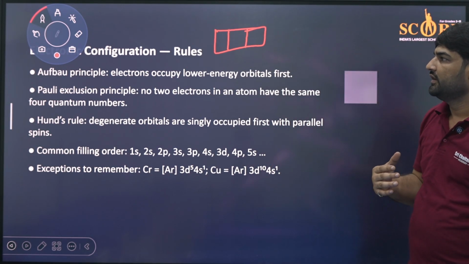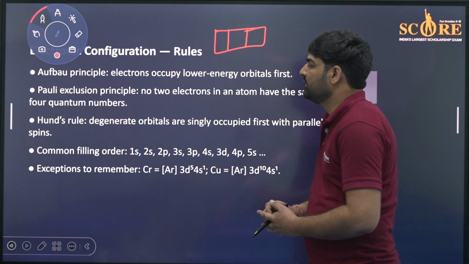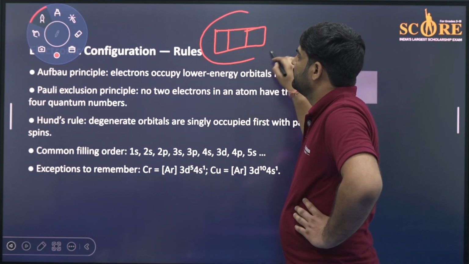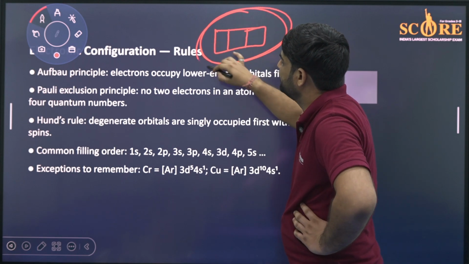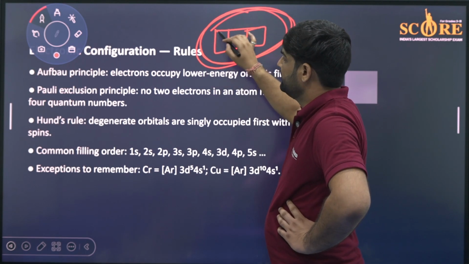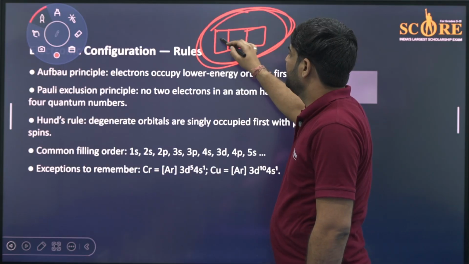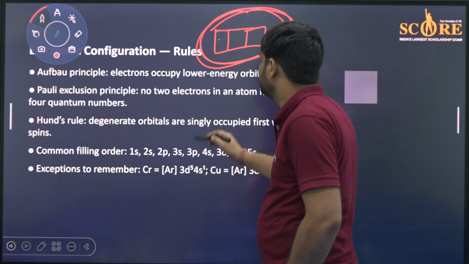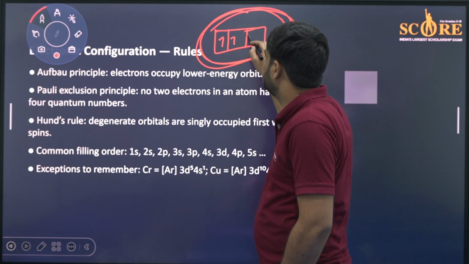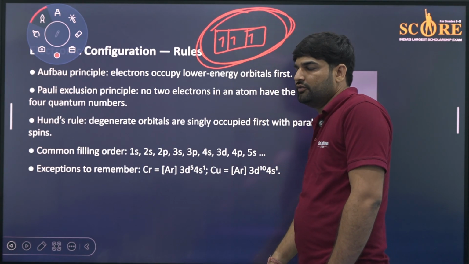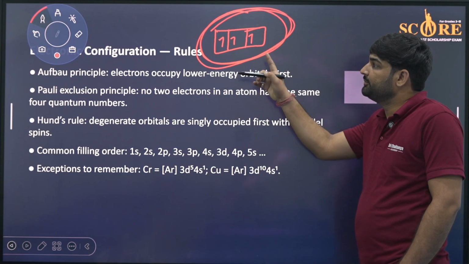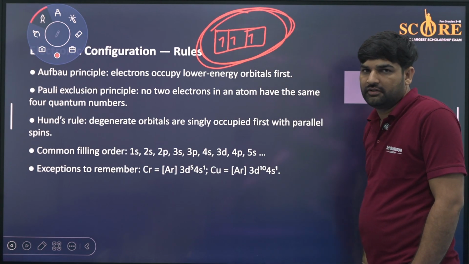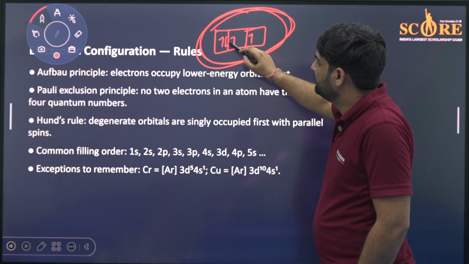In degenerate orbitals, electrons are filled in such a way that electron repulsion can be minimized. For that, you have to maximize the number of unpaired electrons so that electron repulsion can be minimized. After that, you have to do pairing.